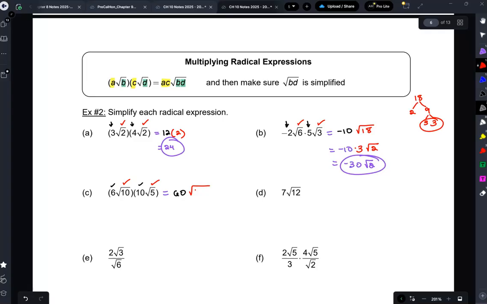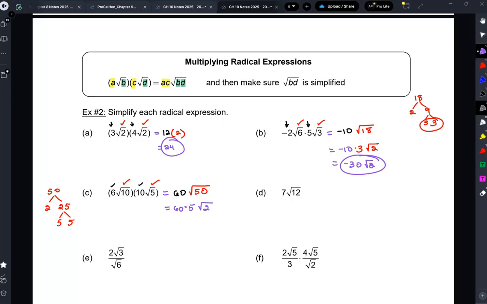They multiply inside a root, and I get root 50. So let's see what 50 is. 2 and 25, 5 and 5. So I have 60 times. What comes out? 5 comes out. What stays in? The 2. So this is 300 root 2.